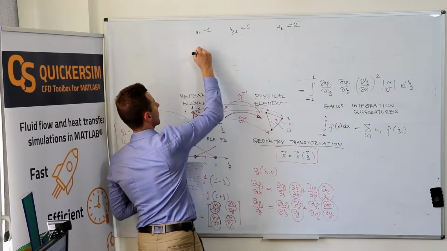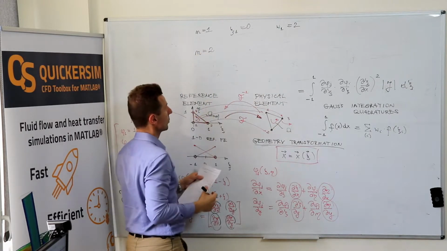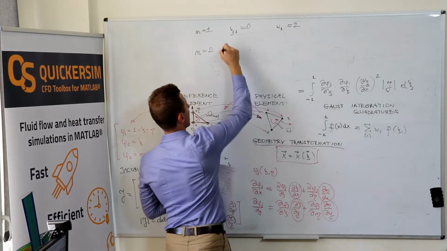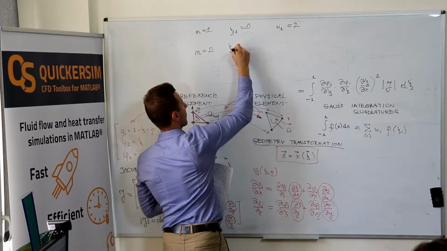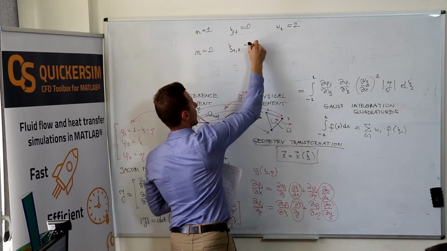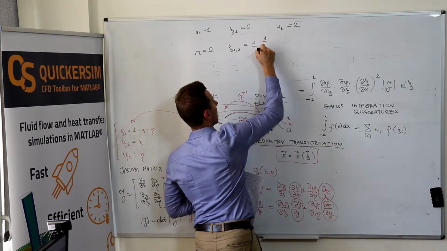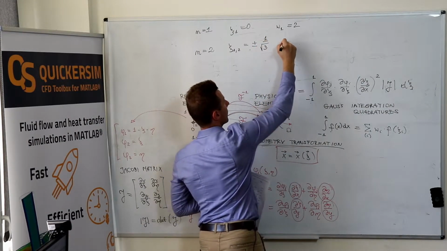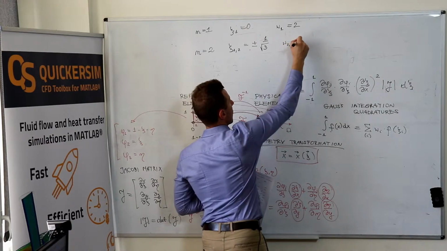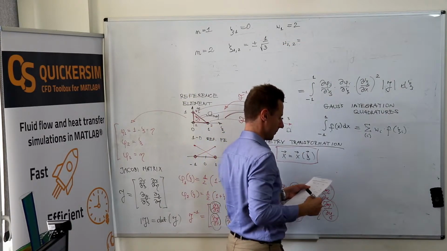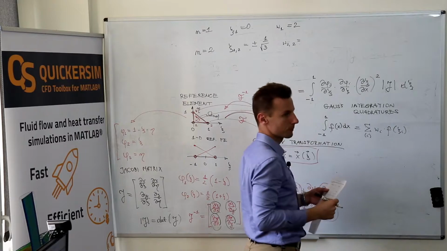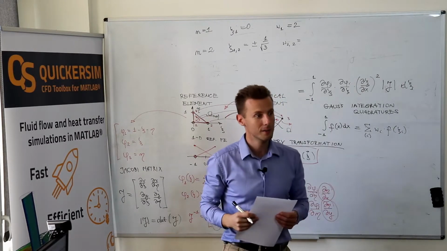If you've got Gauss quadrature with 2 points, it turns out that xi 1 and 2 equal either plus or minus 1 divided by square root of 3, and the weights are symmetric. What are they?